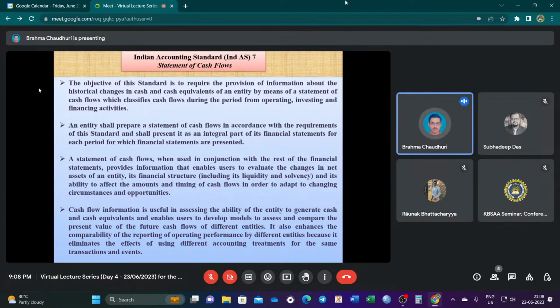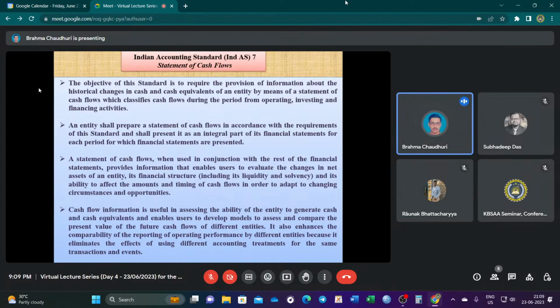What is the change in cash and cash equivalents of a particular entity? A statement has to be prepared which will provide information about the historical changes in cash and cash equivalents of an entity during a particular period arising from operating, investing, and financing activities. So this is the main objective of this standard.